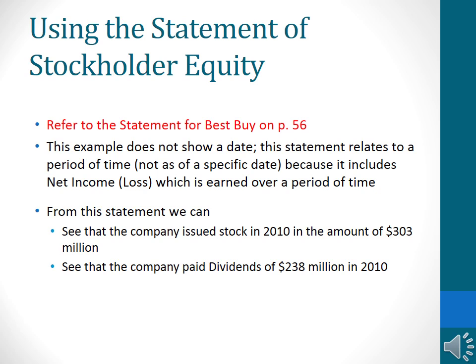From this statement, we could see that the company issued stock in 2010 in the amount of $303 million, and the company paid dividends of $238 million in 2010. Most investors find those two pieces of information extremely helpful when deciding if they're happy with the way a company is performing.